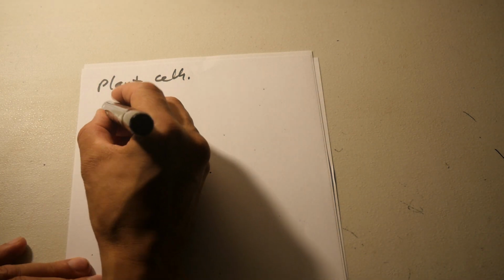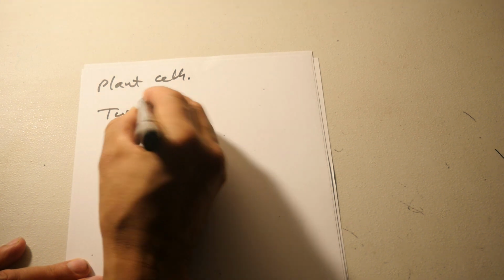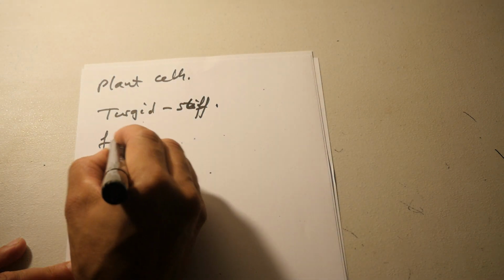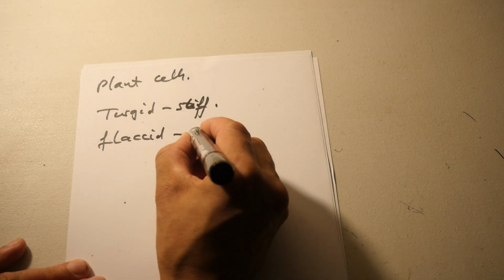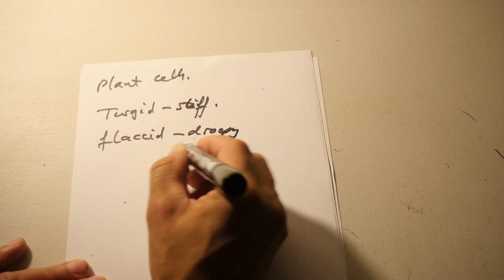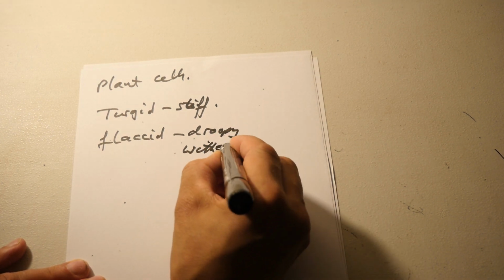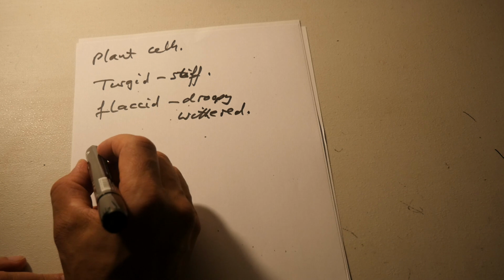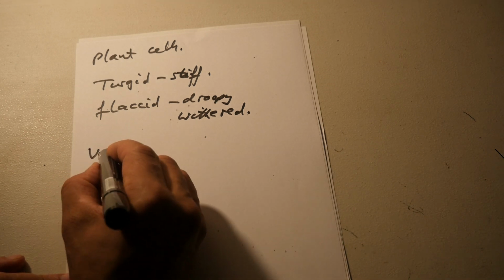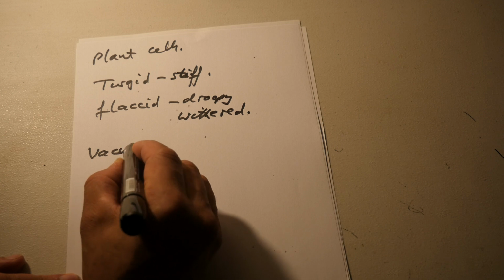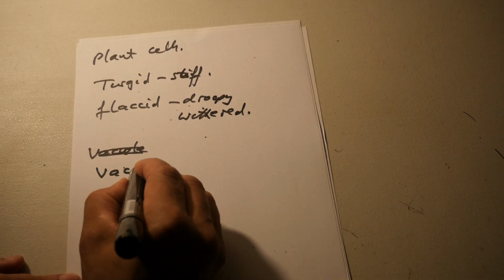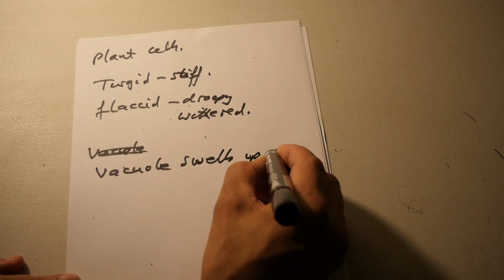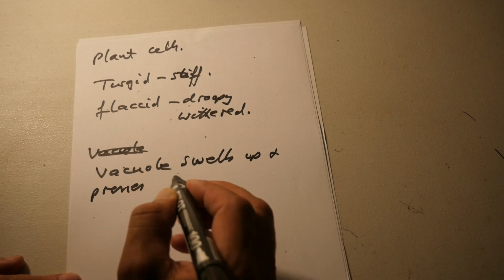So turgid is stiff, okay? And flaccid is droopy and withered. Okay? As I said, the vacuole swells up and presses against the cell wall.